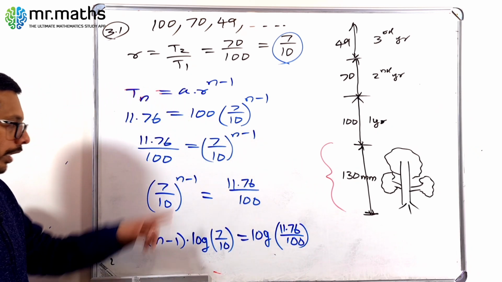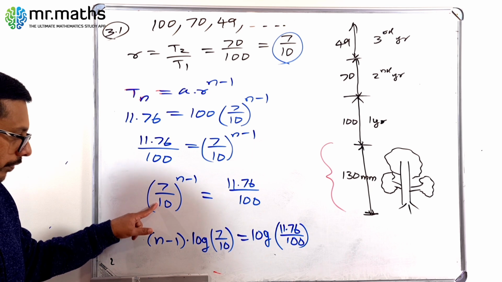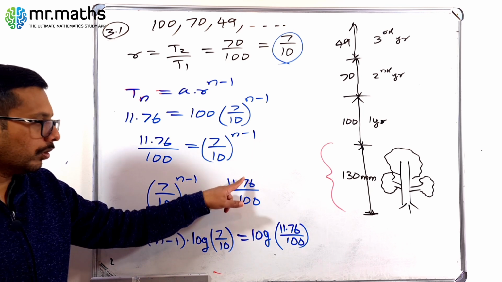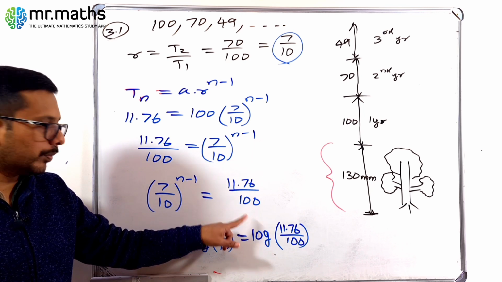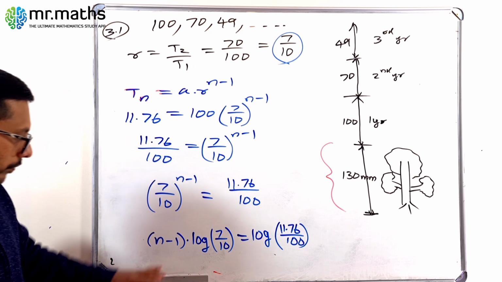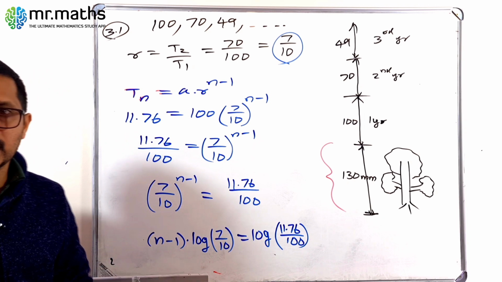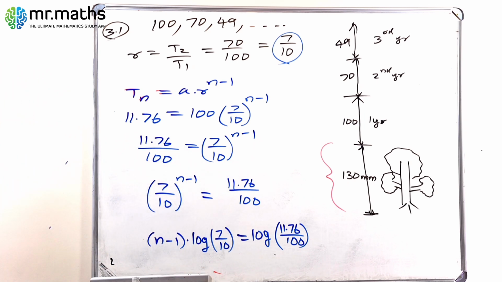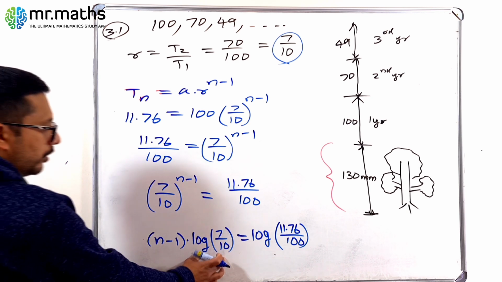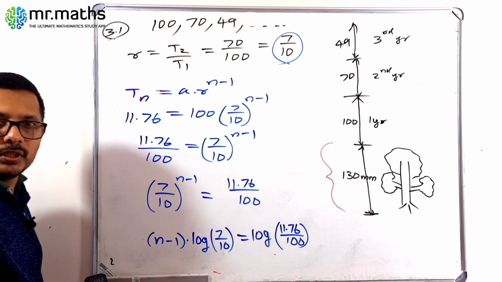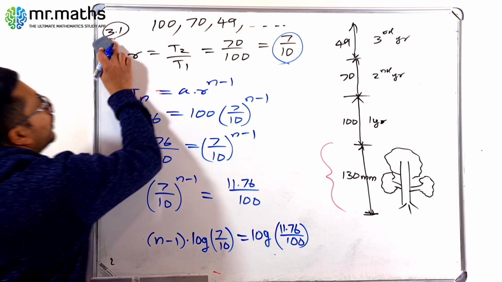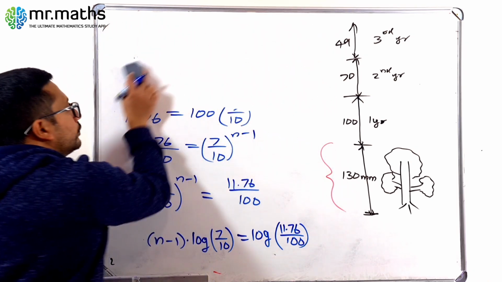So n minus 1 log 7/10 is equal to log of 11.76 by 100. Now this is multiplication. Am I right? So if I want to take this log to this side, I'm supposed to divide. Let me erase this one.